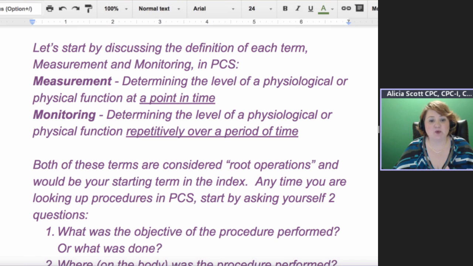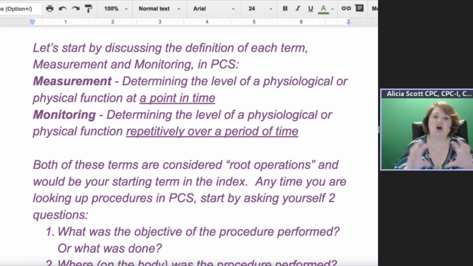With measurement, you're determining the level of the physiological or physical function at a point in time. You're measuring it. But if you're monitoring, you're doing the same thing repetitively over a period of time. If you understand the definition of those, it will help you determine if what you're trying to code is in a measurement or monitoring area.